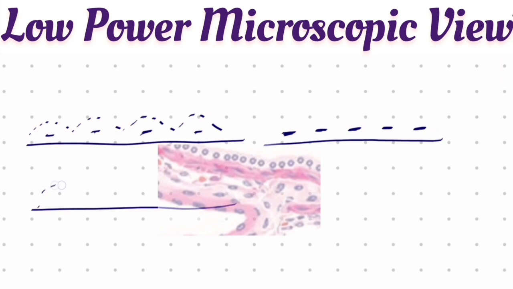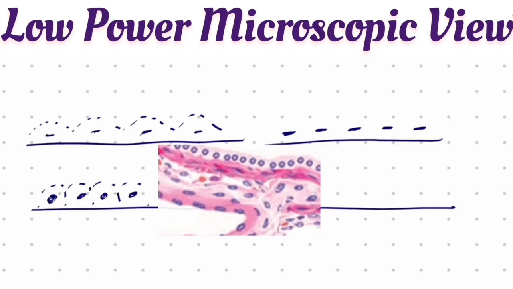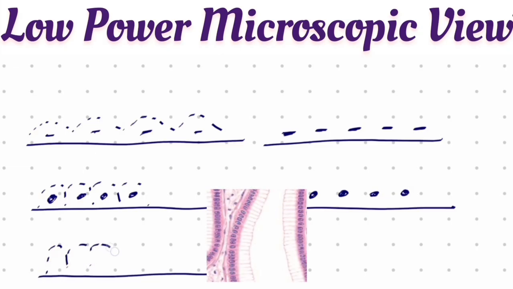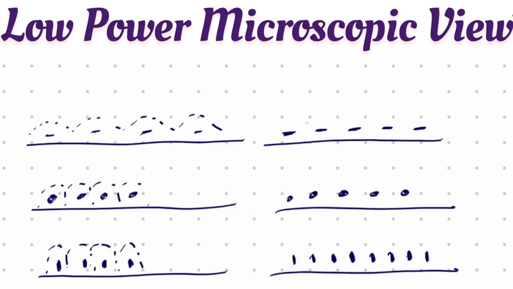For the cuboidal, similarly, the nuclei will be roundish and placed at equidistance on the basement membrane. In case of columnar also, let us see how it looks under the low power. That is, towards the base, the nuclei are ovalish, and we can hardly see the cell membrane under the low power.